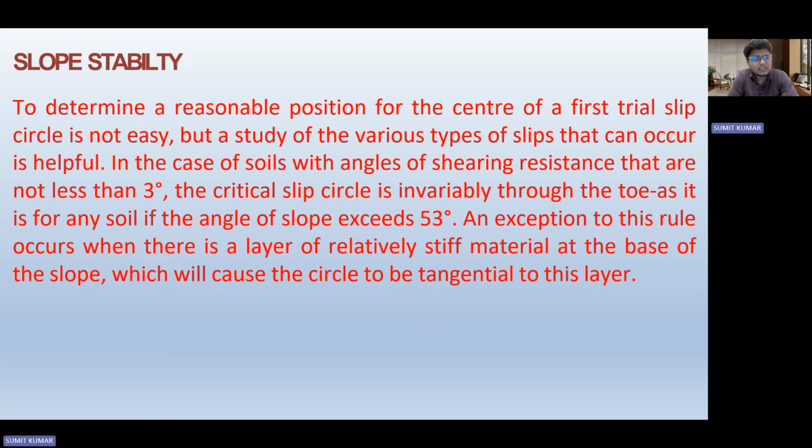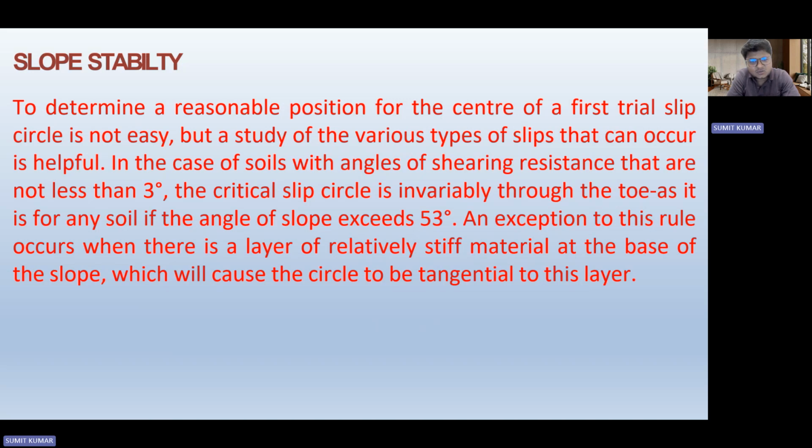So we could do some other things in order to achieve the same. You see how we compute the first trial circle. In this regard, a study of the various types of slip that can occur is helpful.